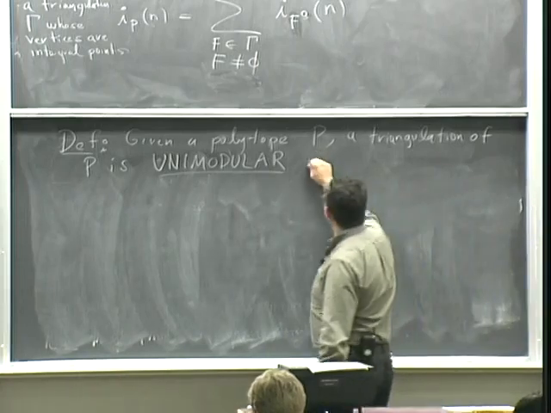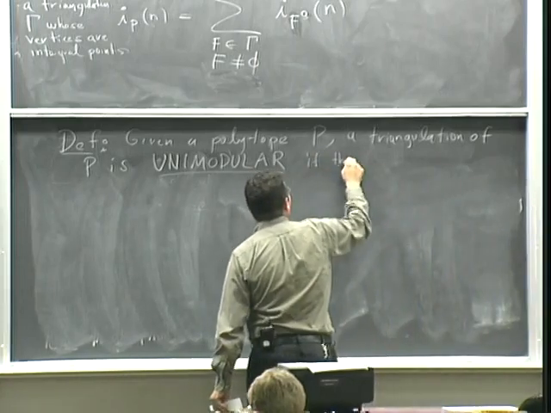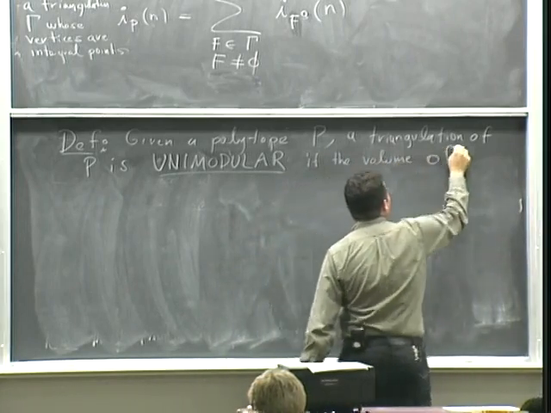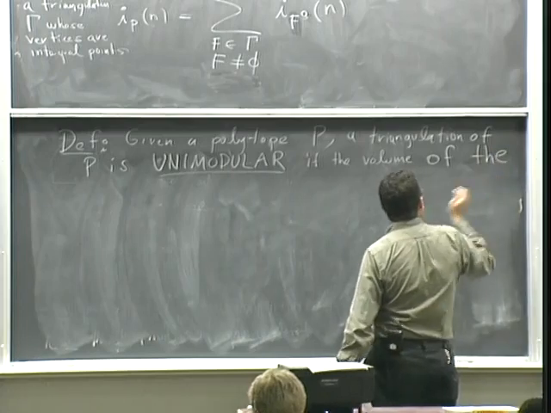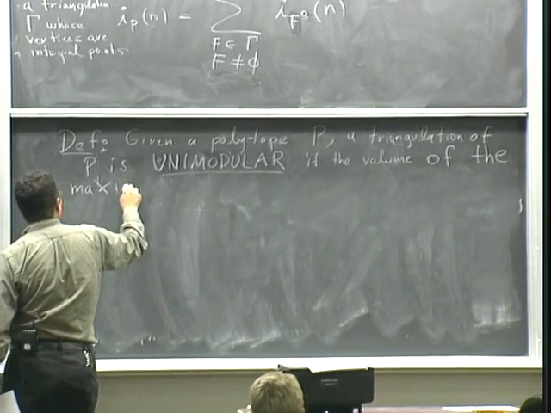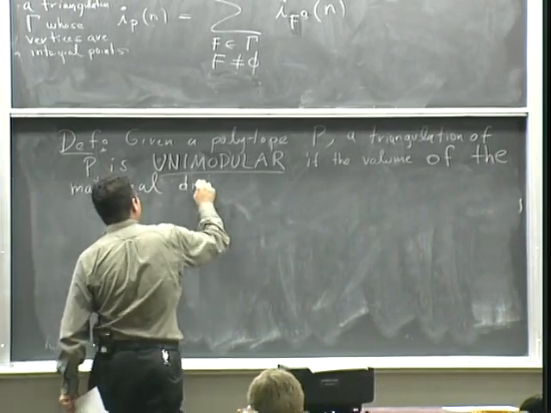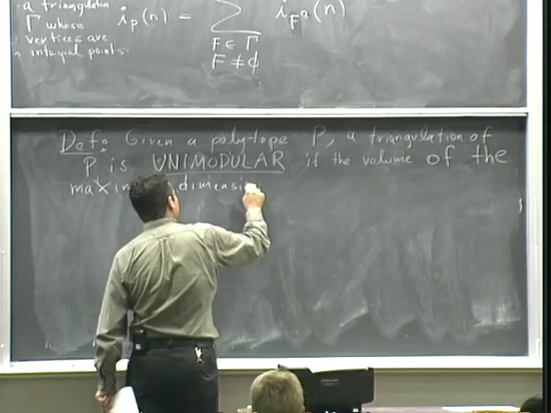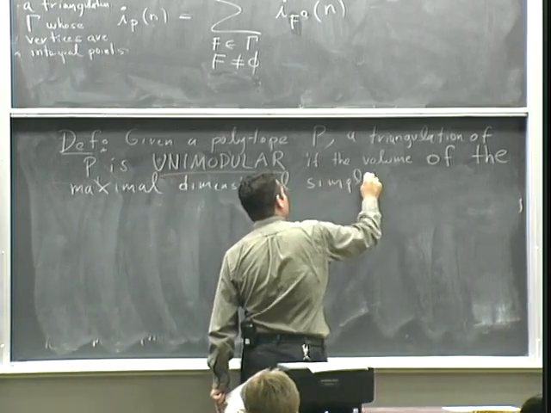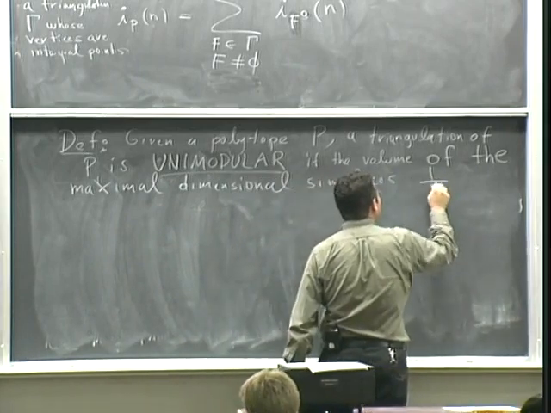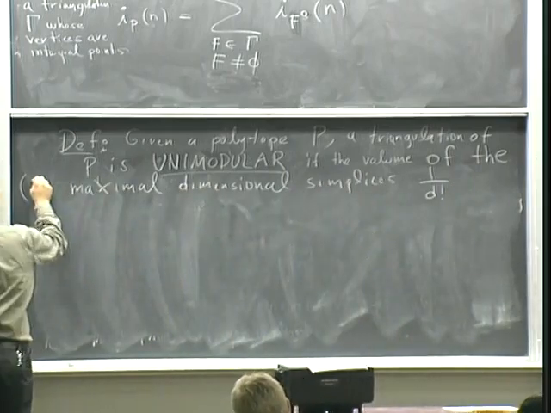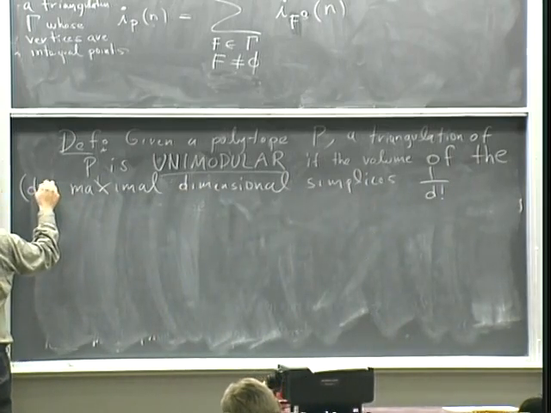If the volume of the maximal dimensional simplices is 1 over d factorial, or, well, let's say the maximal d-dimensional simplices. Suppose d is the maximal dimension.